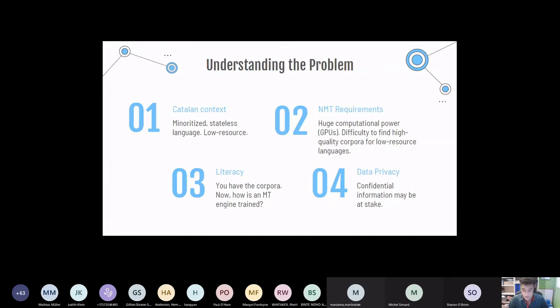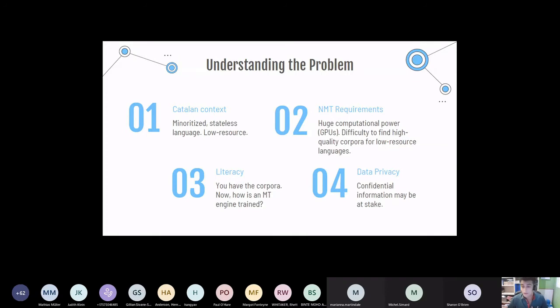But after introducing the context of Catalan, which can be the same for any other low resource language, we also have to talk about neural machine translation requirements. Previous paradigms, for example rule-based machine translation or statistical machine translation, required computational power, but it was not huge.